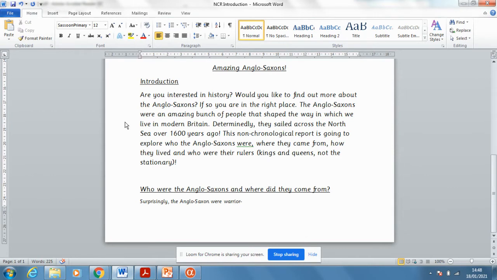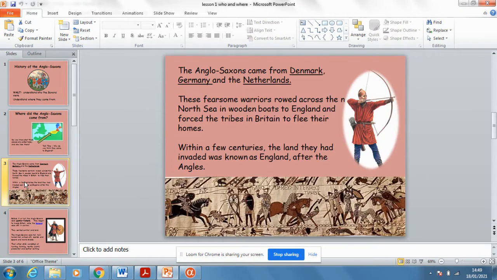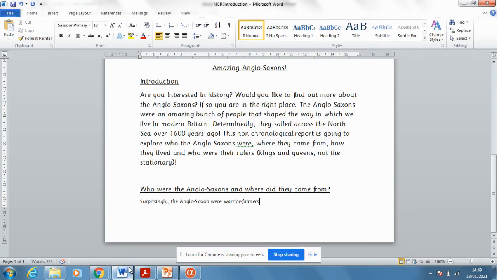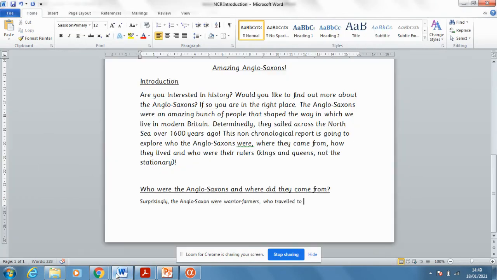So they were warrior farmers, double check there, who travelled to, and if you notice that, I keep checking back to my research so that I'm getting factual information in there. Who travelled from Denmark, Germany, and the Netherlands.